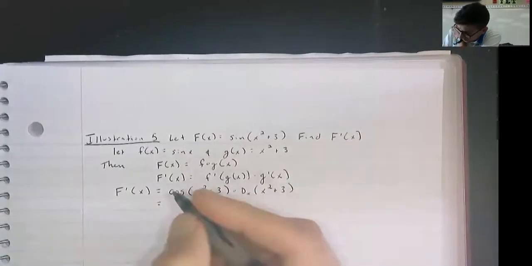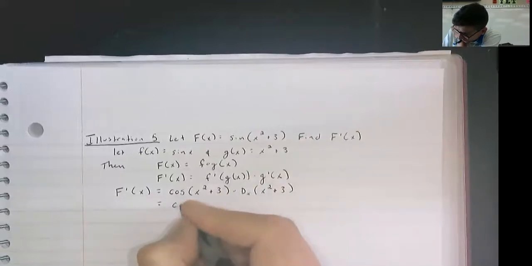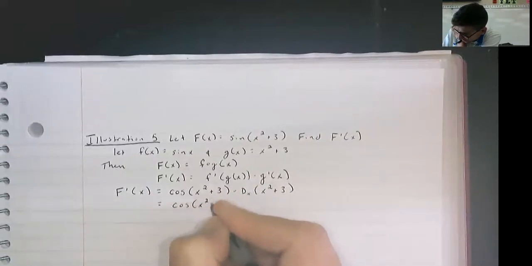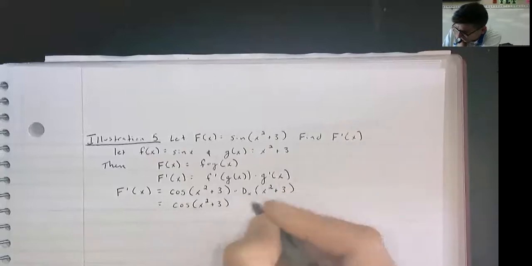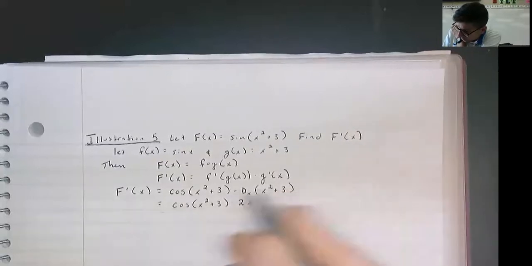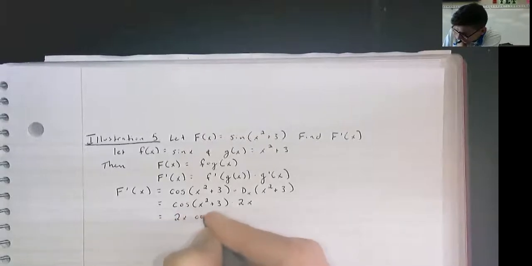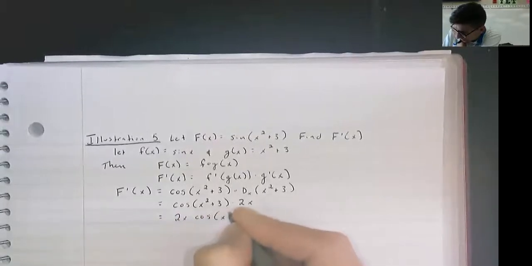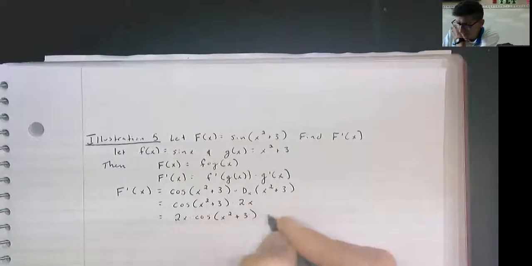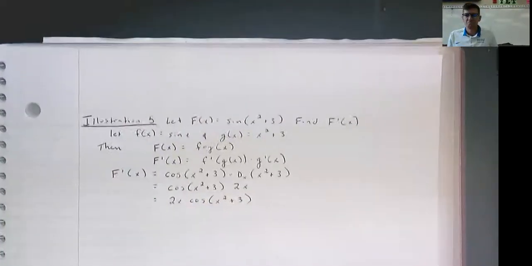And so this turns into the cosine of x squared plus 3. This derivative is just 2x. And so we would write this as 2x times the cosine of x squared plus 3. Not too bad. Not too bad at all.